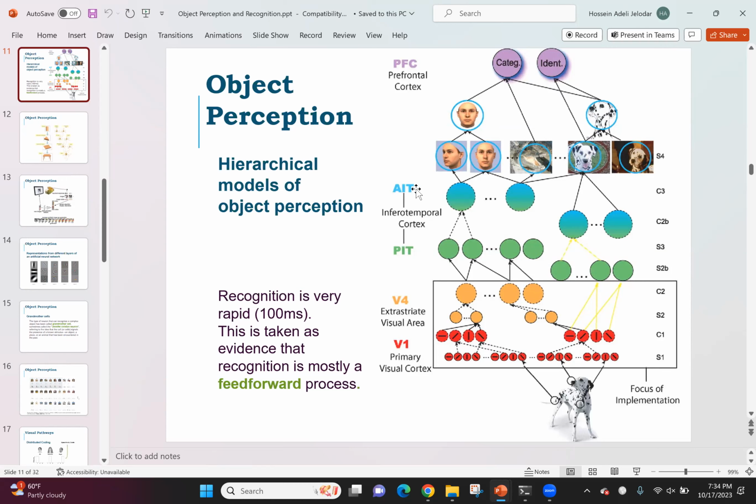The ventral pathway ends here at the area IT. Anterior IT to these people is the end of the ventral pathway. But these sorts of decisions, about what is the name of this category, or whether I have ever seen this category or this specific object before and identify it, those could happen somewhere else.